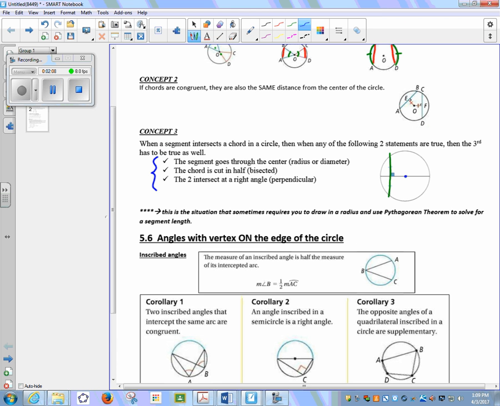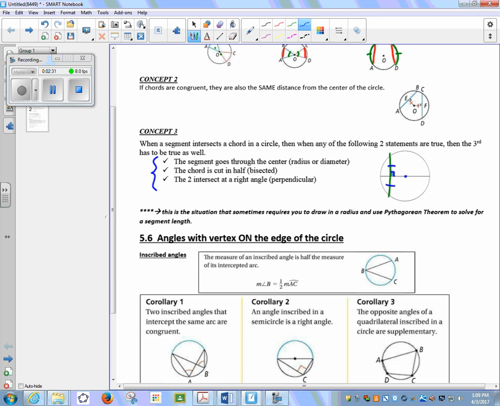The other one is that this chord is cut in half, so it's bisected. And the third thing is that they're intersecting each other at a right angle. And if you remember, these theorems basically said if any two of these are true, then the third one's going to be true too. So sometimes that just helps you mark things in a diagram.